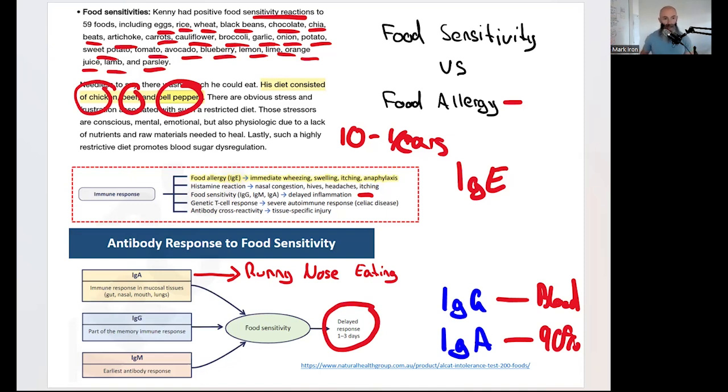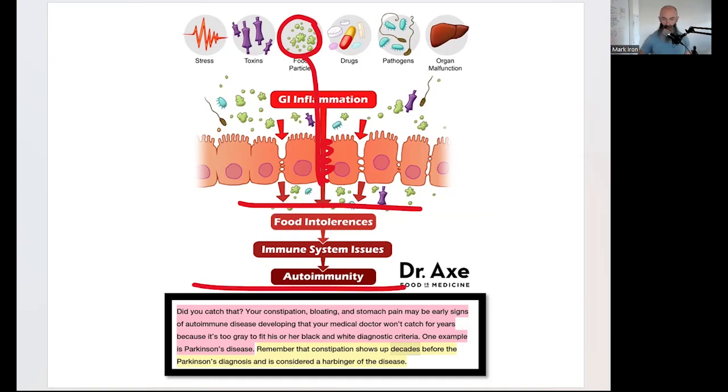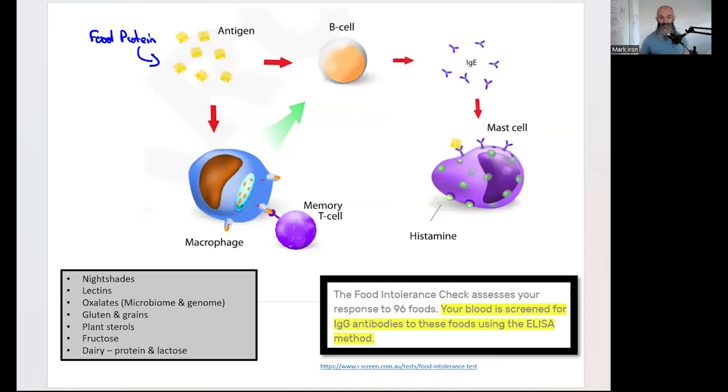Now let's talk about how these inappropriate immune sensitivities occur, not to be mistaken with DNA, which you can't change. So what happens is when your gut's not working too well, these tight junctions open up and food particles that haven't been digested properly, if you're stress eating, you're emotionally eating, or you're having alcohol, these food particles go into systemic circulation. And then the next thing that happens, you've got these specialized cells called macrophages, and they say, should this be in the blood?